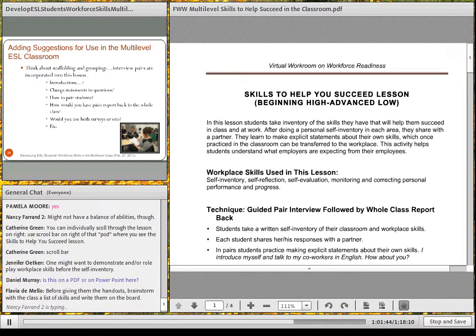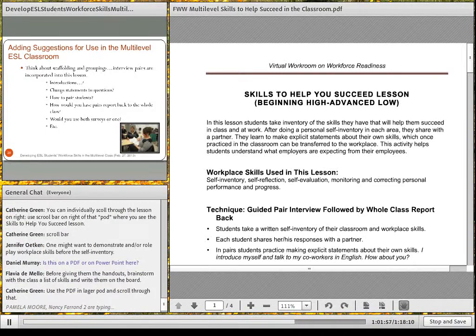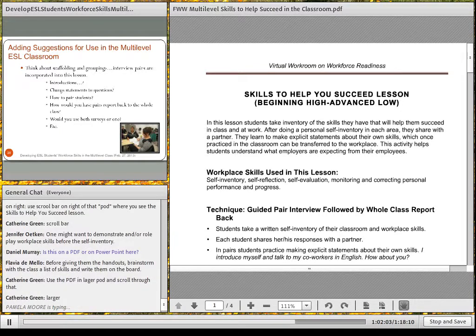Good. And Jennifer is saying one might want to demonstrate and or role play workplace skills before the self-inventory. That's a great idea. And Daniel's asking, is this on a PDF or on a PowerPoint here? Do you mean the lesson, Daniel, or Flavia?